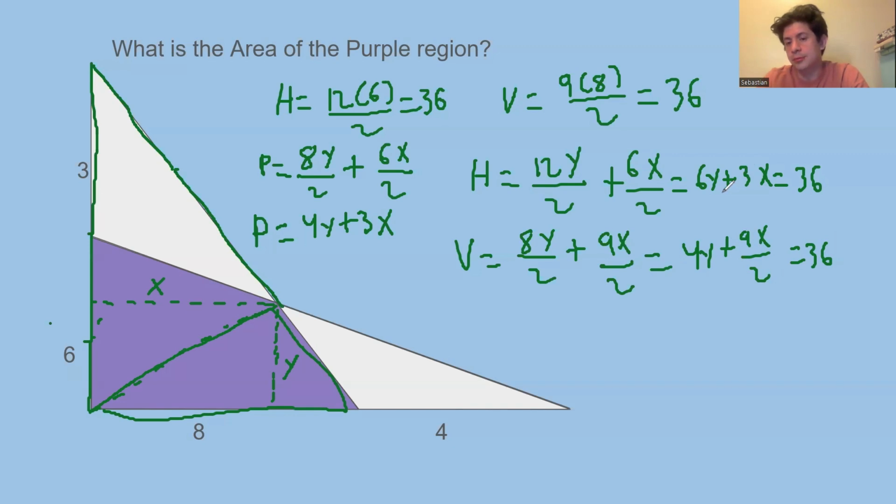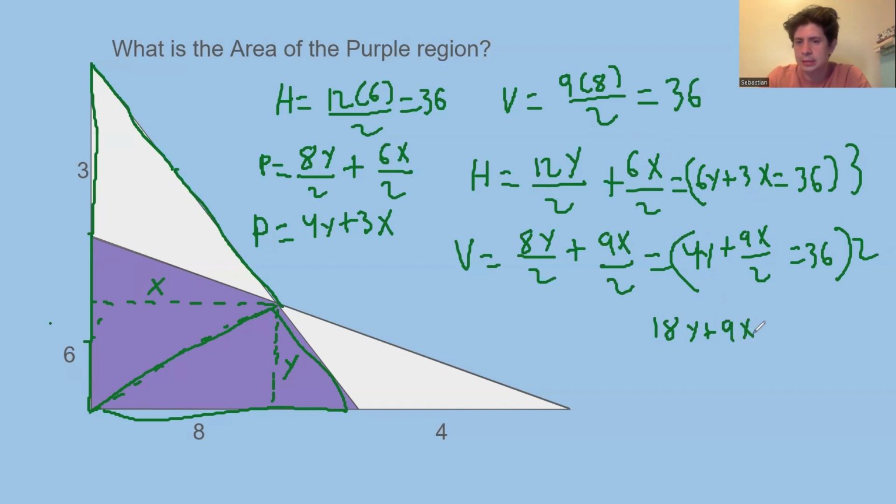Okay, so now we can do process of elimination, systems of equations, right? So what I will do is multiply this equation by 3 over 2 to cancel out with this one. Or actually, I'll multiply this one by 2 to get rid of the fraction, and this one by 3. So the first one is going to give me 18y plus 9x equals 108.